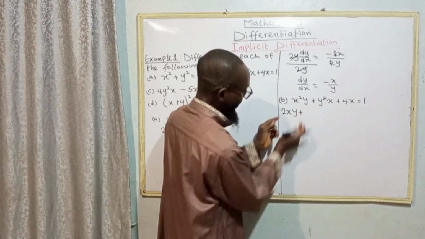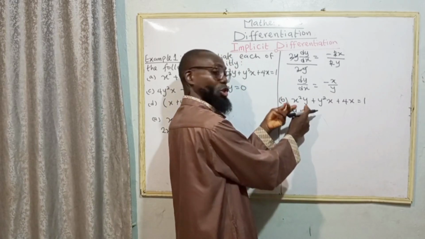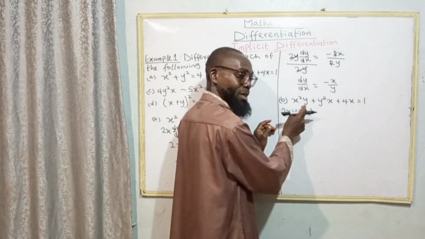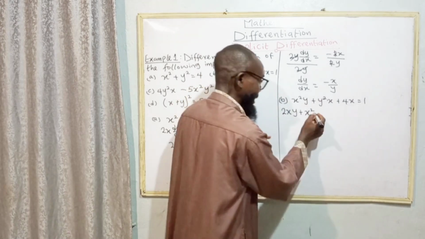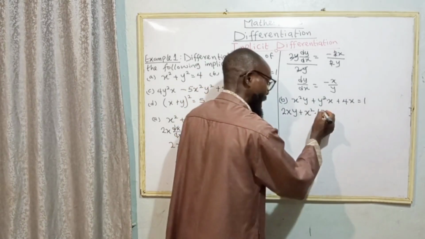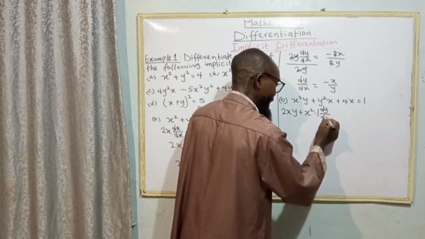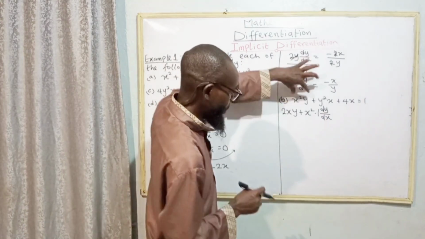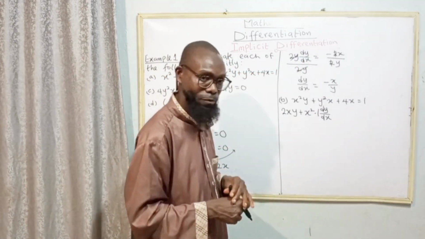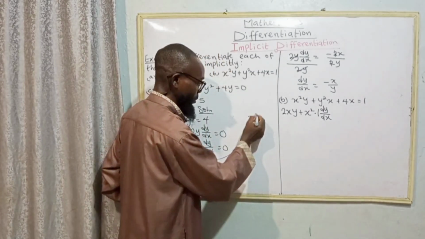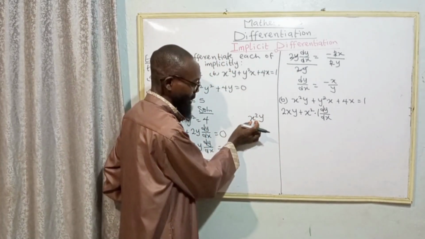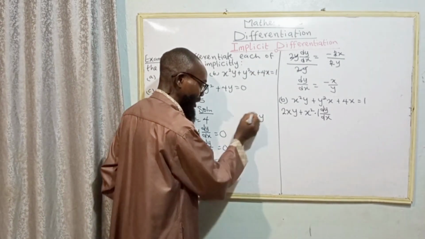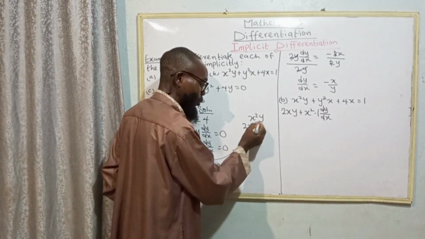Plus, if I want to differentiate y, I will not touch x squared. It will be x squared, and if I differentiate y, it will give me 1, that is times 1. Then I will now put the dy/dx. Don't get confused, please. I am differentiating this value x squared y. If I differentiate x squared, y will stand alone. That is, the differentiation of this gives 2x, then y standing alone.